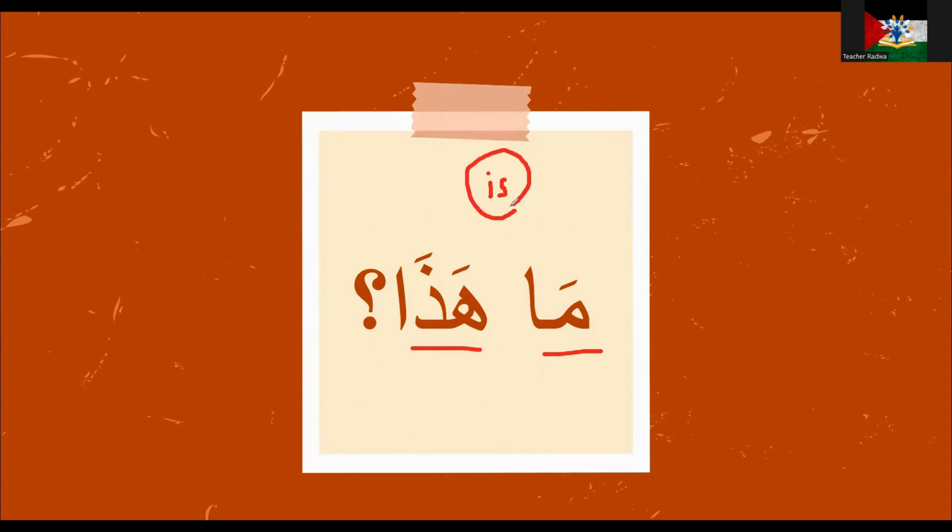There is no is in Arabic. Even there is no verb to be in Arabic. So we don't say is, there's no equivalent to it in Arabic. So we just skip all the verb to be. So there's no is, am, or are. It's easier, I think. So we say ما هذا. ما هذا? What is this?